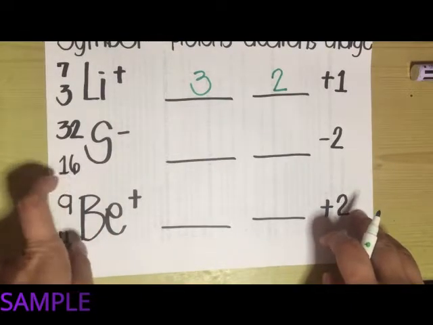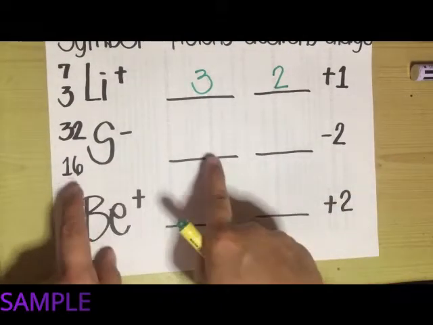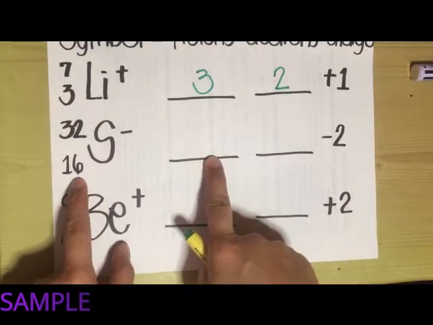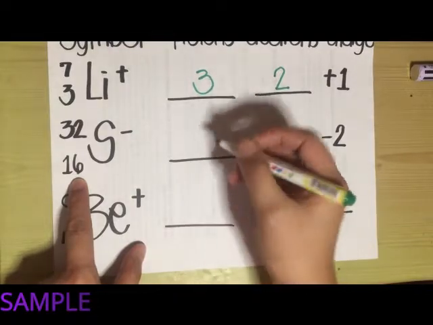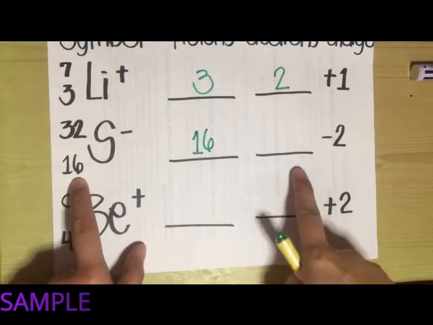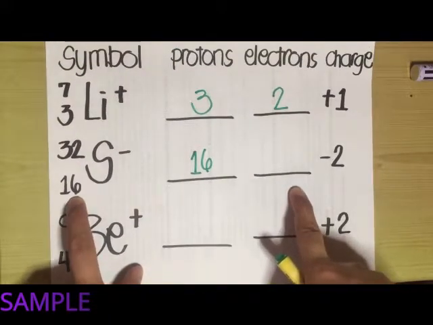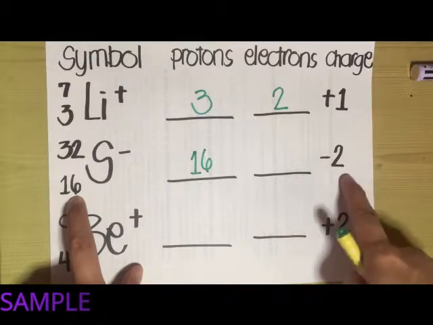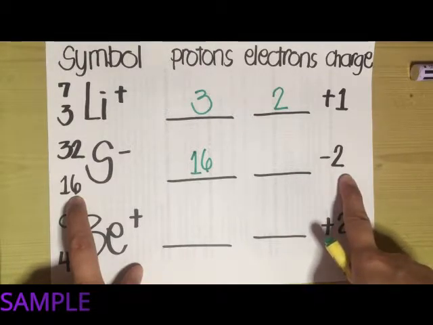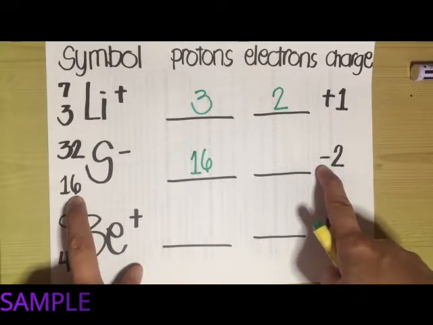16 is the atomic number and 32 is the atomic mass. Number of proton is always equal to the atomic number. So, dito ay 16. Okay? Now, how about the electron? Okay, si electron naman, ano daw nangyari? Meron daw siyang charge na negative 2. Again, sabi natin kanina, kapag negative yung charge, nadadagdagan yung electron.